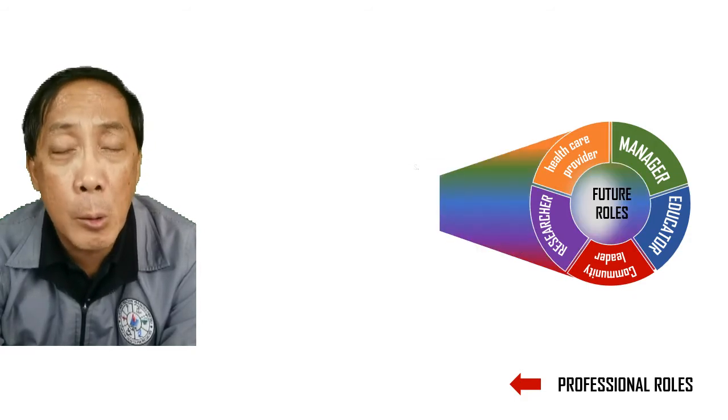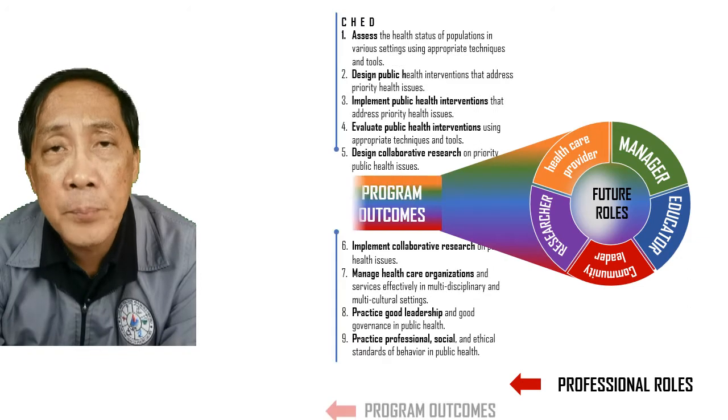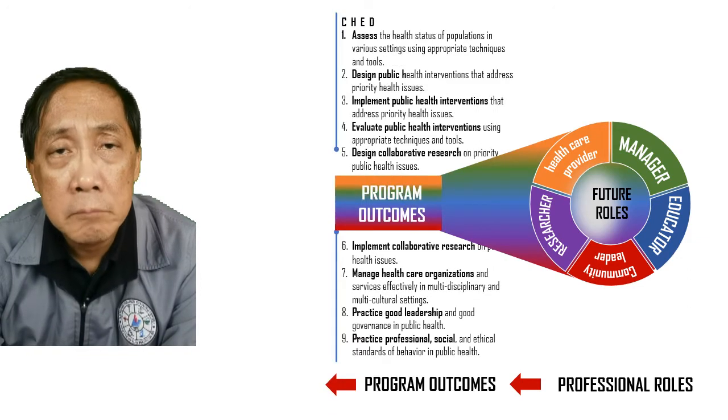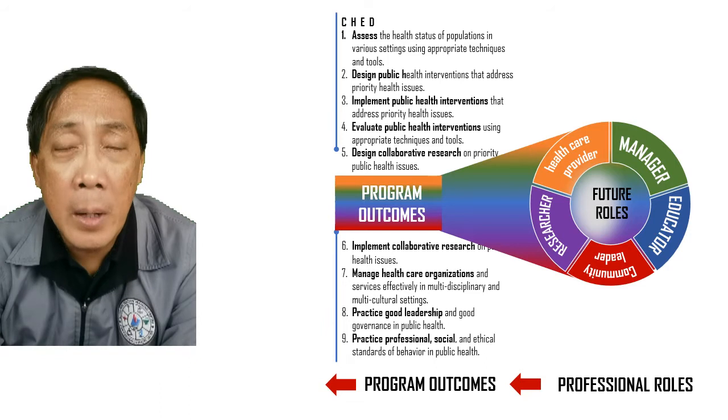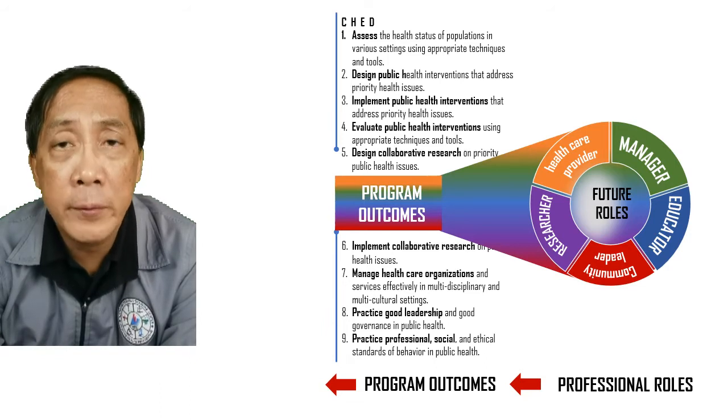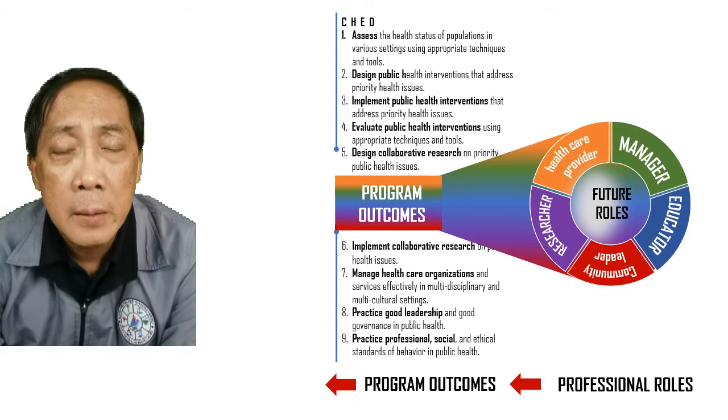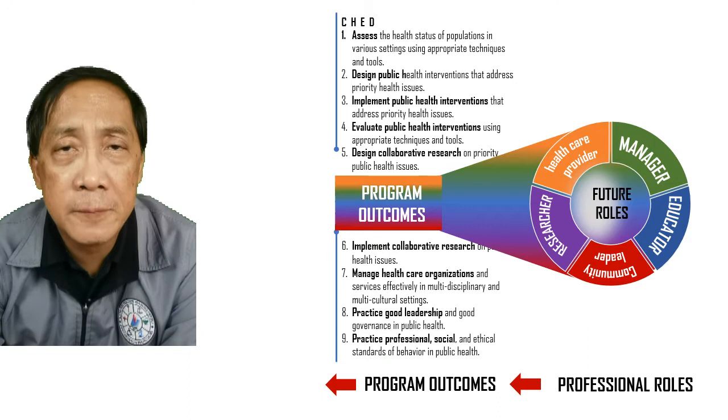When we say program outcomes, we talk about what the students will become at the end of the whole degree program. And these program outcomes should be the basis for formulating your own course outcome.